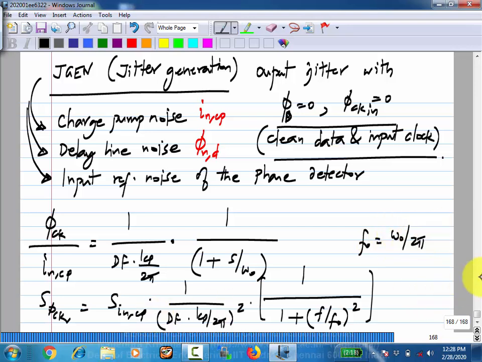Okay, so it will have some low pass shape, and if the charge pump noise current is white, then you can calculate the variance also directly, right? Because these parts will be frequency independent, and the integral of this is pi by 2 times F naught. Okay? So you can essentially, if you integrate this, you will get sigma square of phi c. And of course you can go on later express that in seconds or unit intervals or whatever you want. Is this okay?